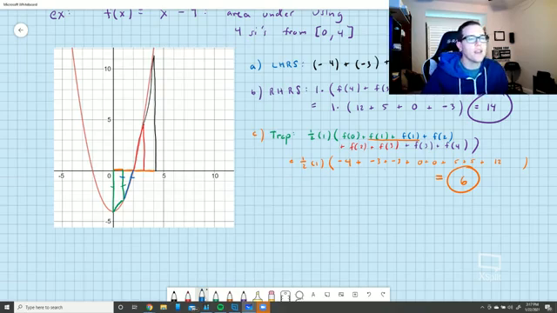In the performance task, I asked you to realize something. I think it might have been the homework. I can't remember. Check this out. If I add these two things together, so -2 plus 14, I get 12, divided by 2 is 6.